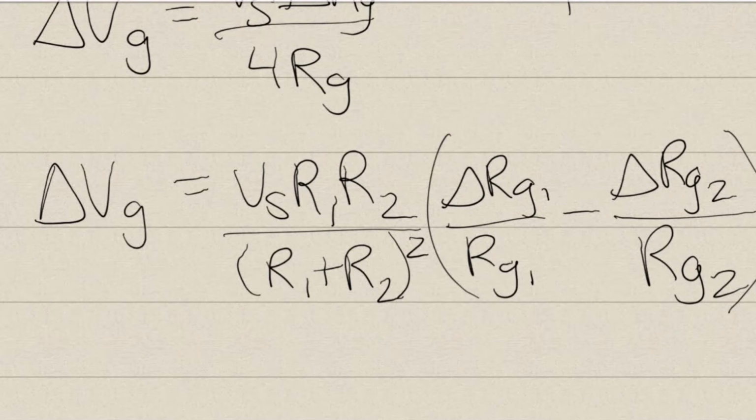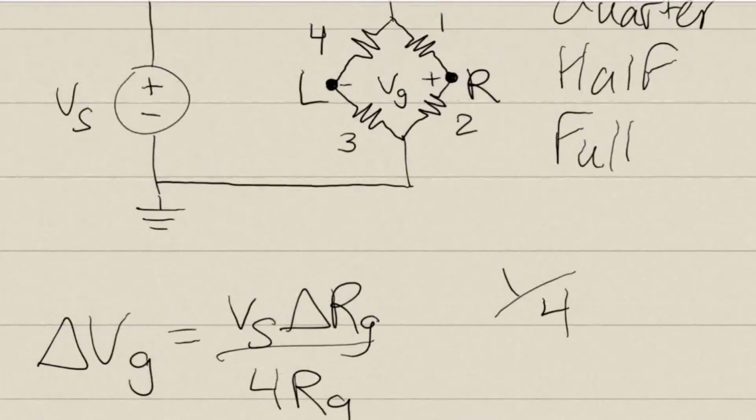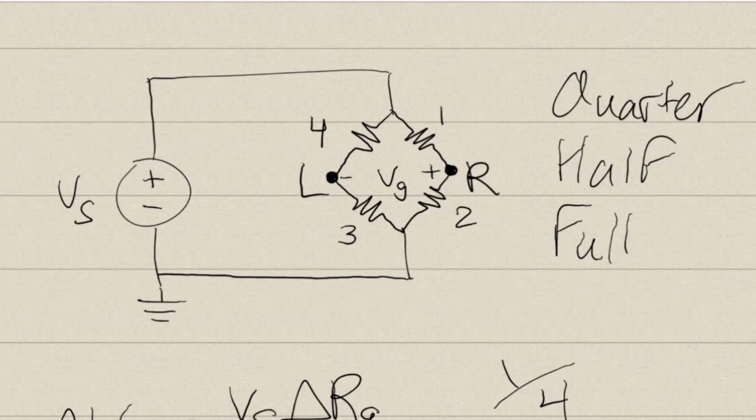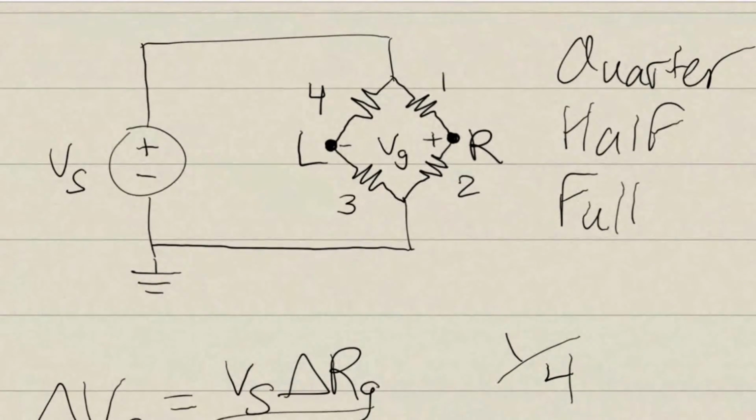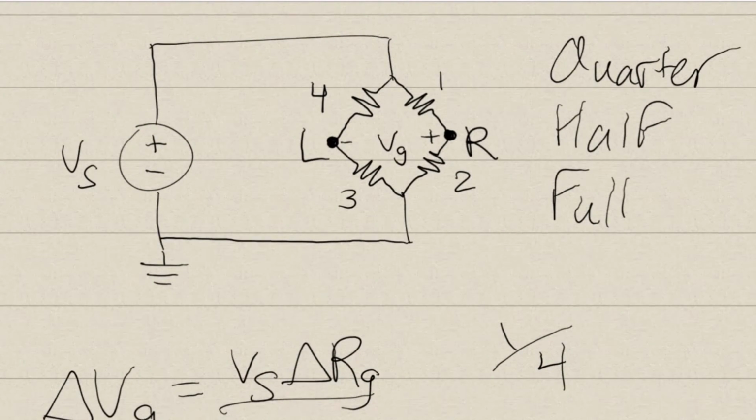Now, for a half bridge, there are 2 resistors of unknown resistance. So RG1 represents your first resistor of unknown resistance, which should be in the 1 position as shown before, and RG2 being another element of unknown resistance in the number 2 position.